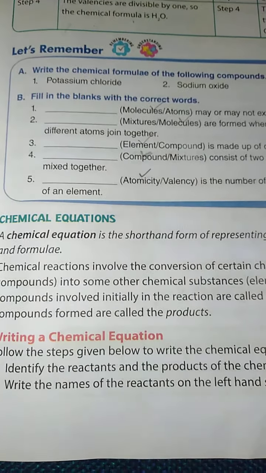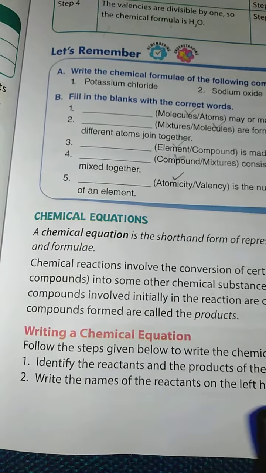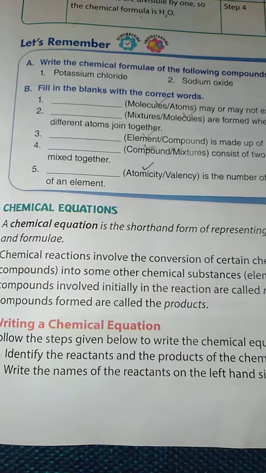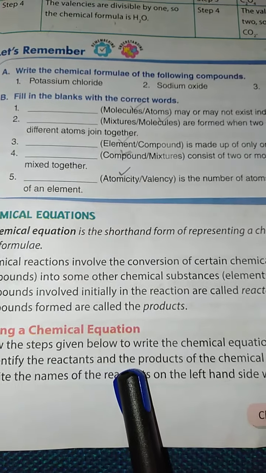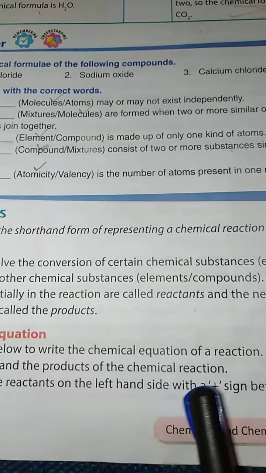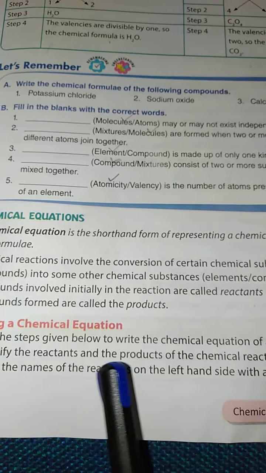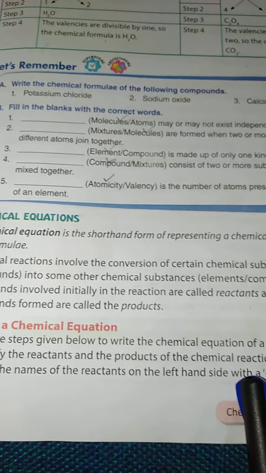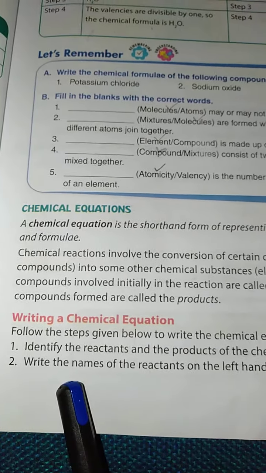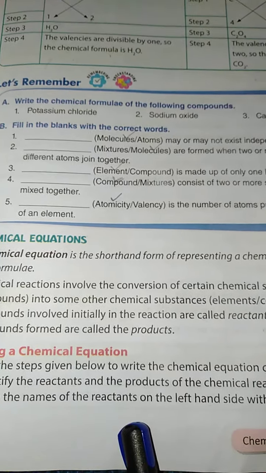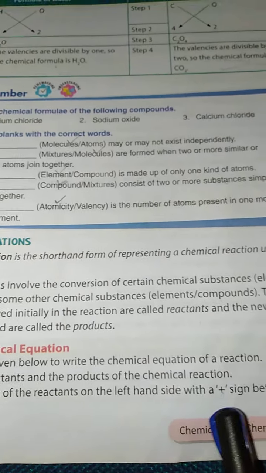How to write a chemical equation? First you have to follow some steps. First, identify the reactants and the products of the chemical reaction. You have to identify which are the reactants and what products you get from the reactants. Second, write the names of the reactants on the left hand side and give a plus sign between them.